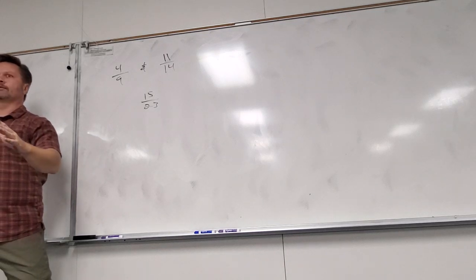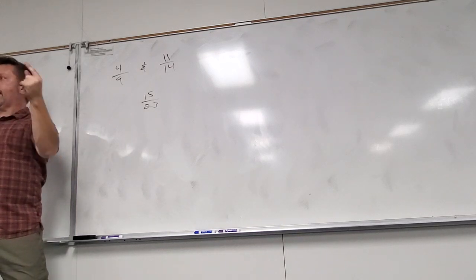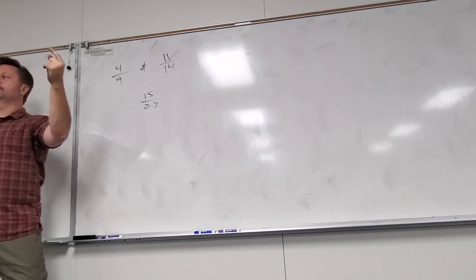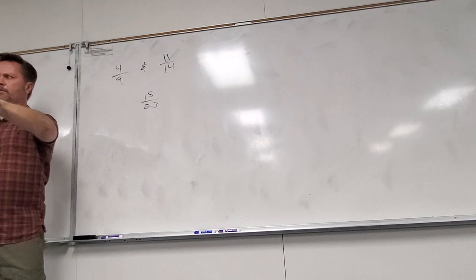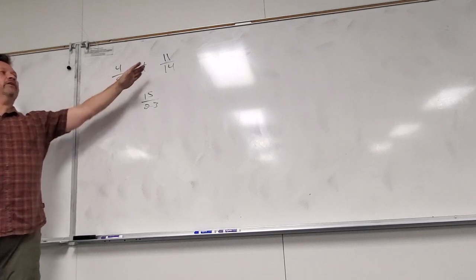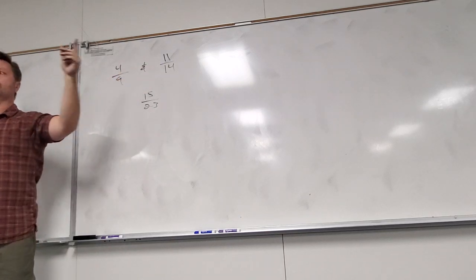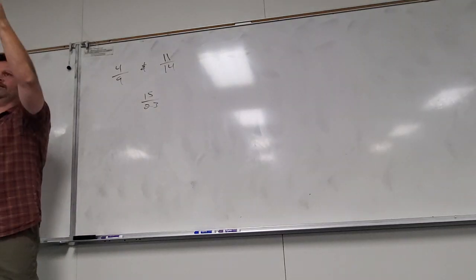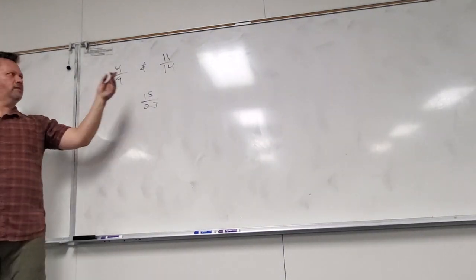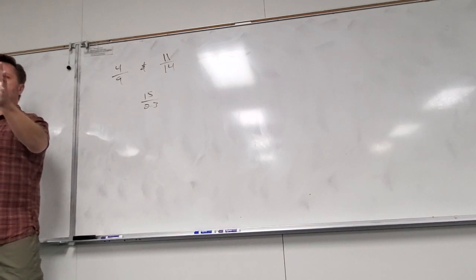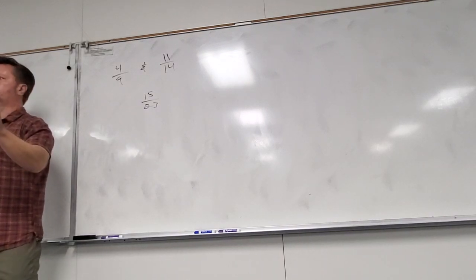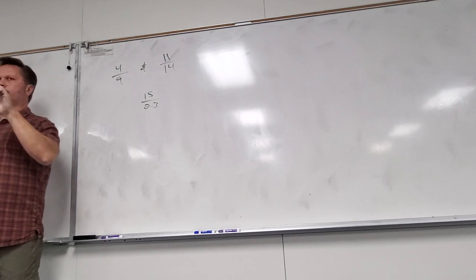Change them to a common denominator, add them and then divide by 2. You remember that? So if I just ask for a fraction that's between these two, don't find the one that's right in the middle. Just add them, right? Now, if you find the one that's in the middle, that's an answer. But that's way more work than you had to do. Okay.